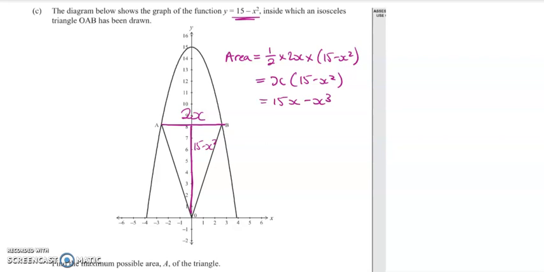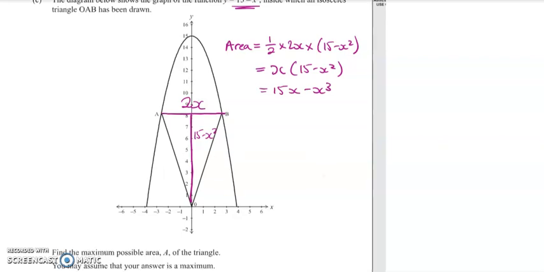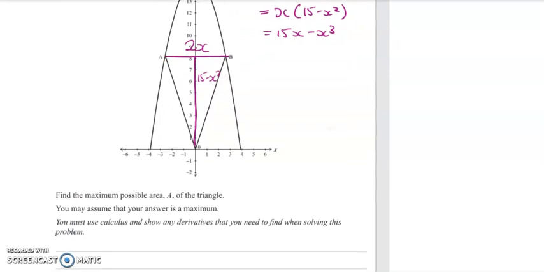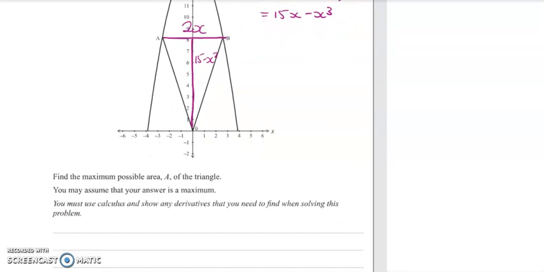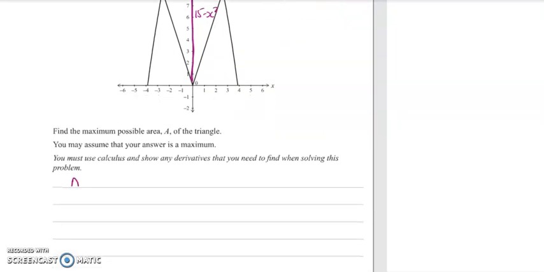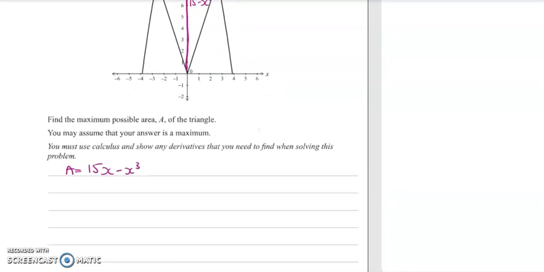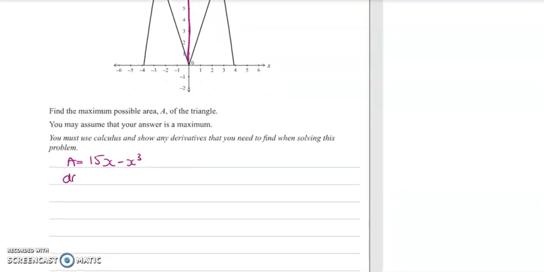I'm putting it in that form so we can differentiate it easily, because we want to find the maximum possible area. So I'm going to move down here now to be able to put it on the lines for writing. So we'll put our area equals what we just had up there, which was 15x minus x cubed. Now we want to differentiate that.